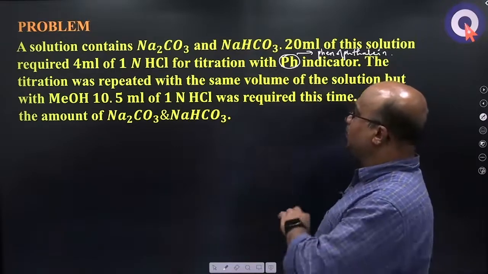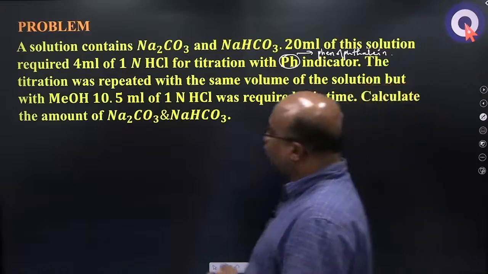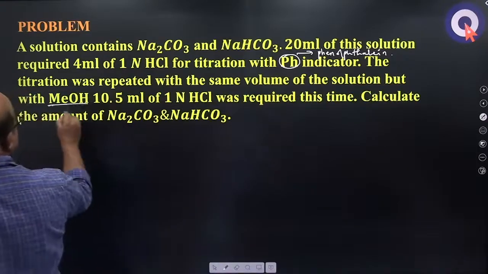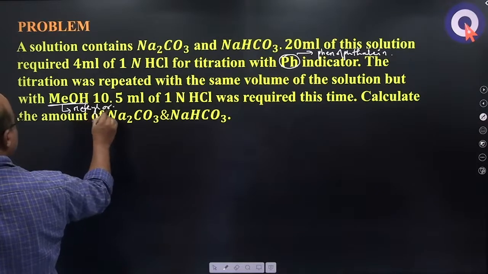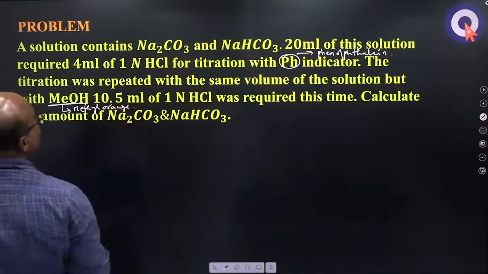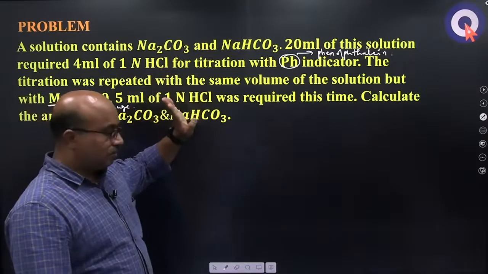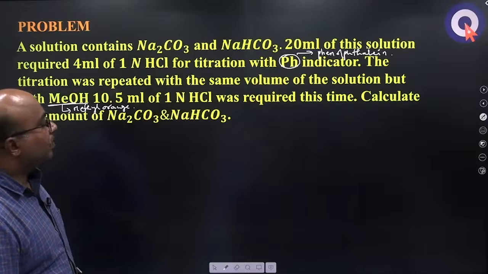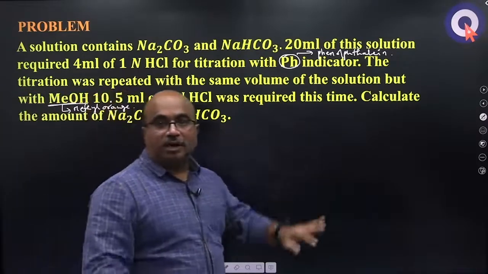The titration was repeated with the same volume of the solution, but if we use this MeOH, so it is nothing but methyl orange, then 10 ml of the same 1N HCl is consumed. Calculate the amount of sodium carbonate and sodium bicarbonate here.